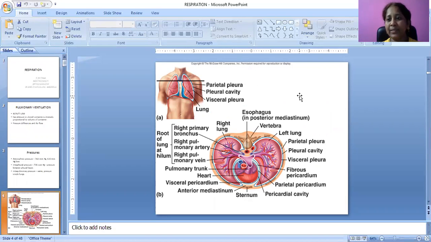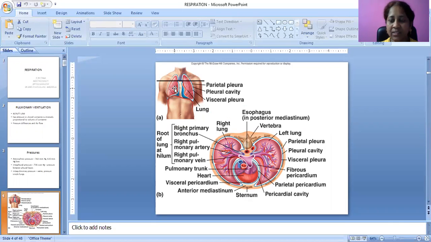Coming to the respiratory tract: external nostrils, internal nostrils. After that it will enter the nasopharynx, next the trachea. The trachea is again divided into two parts and enters the left and right lung.